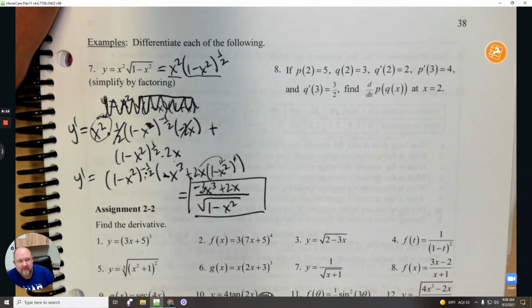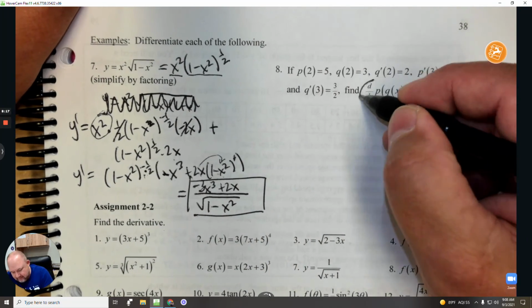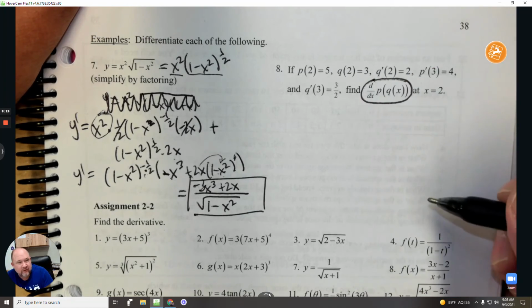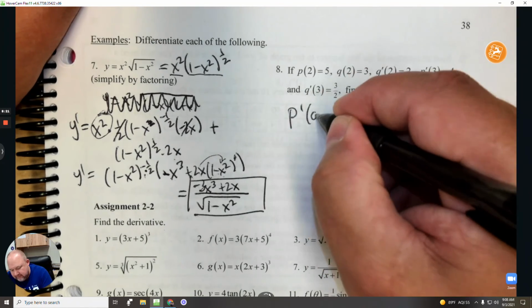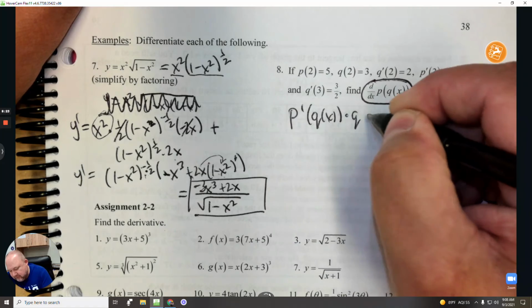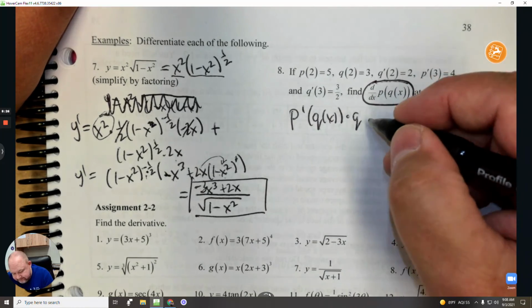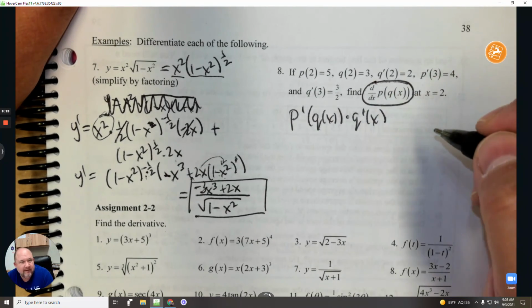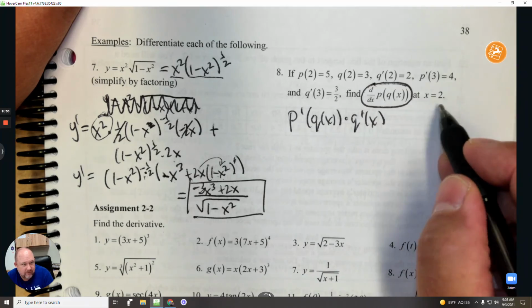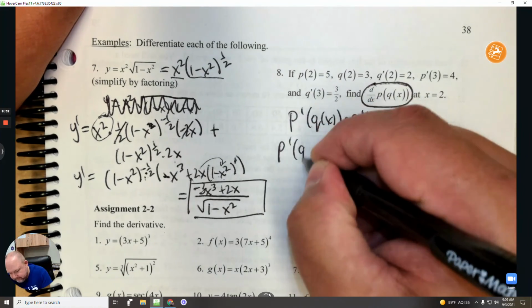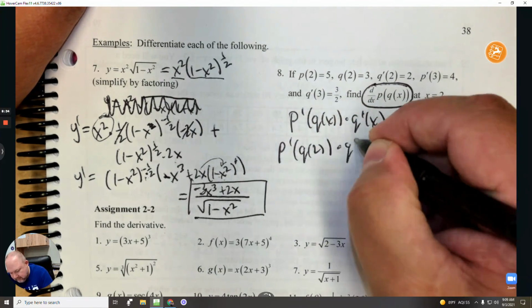Number 8, this is the other idea of the chain rule. So the derivative of that is the derivative of the outside times the derivative of the inside. And then once you take the derivative, you're going to plug 2 in for x.